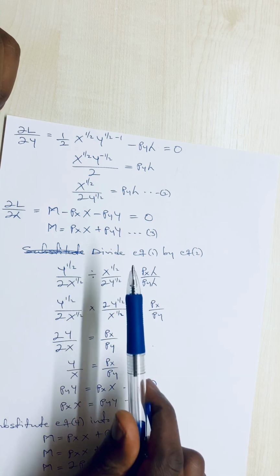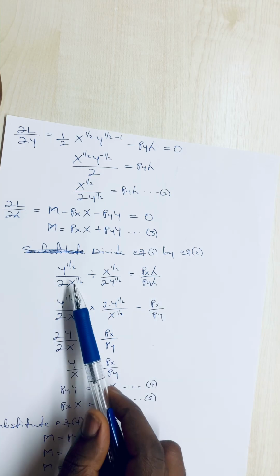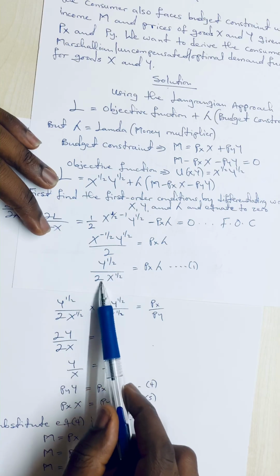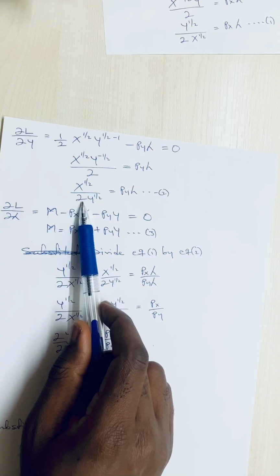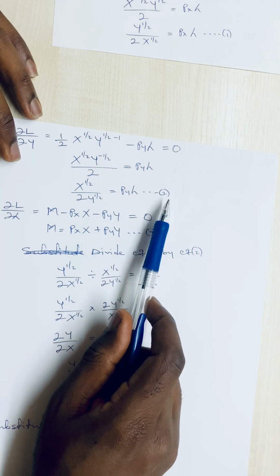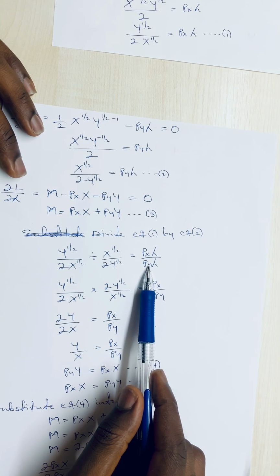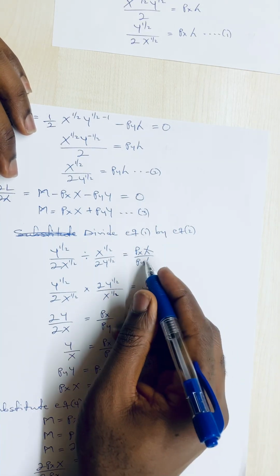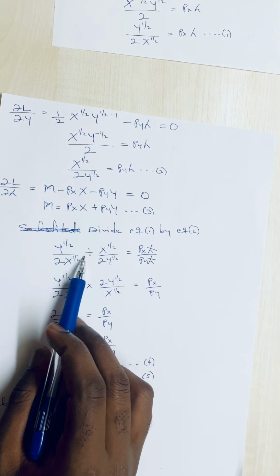The next step is for you to divide equation 1 by equation 2. Equation 1 is y^(1/2) over 2x^(1/2) equal to PX lambda, and equation 2 is x^(1/2) over 2y^(1/2) equal to PY lambda. If you divide both, it equals PX over PY, as lambda cancels lambda. But this is division on division.